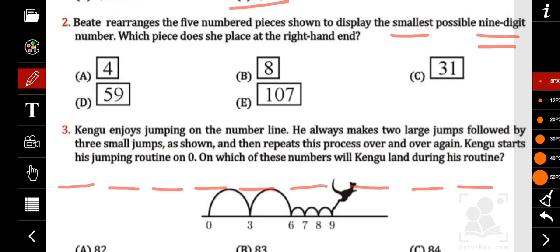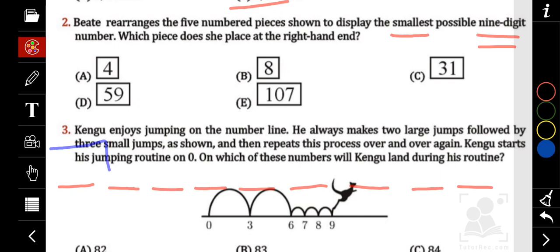Okay, let's see. To have the smallest number, as we can see over here, the number must be starting with the smallest possible digit from the left side. From all the options available, the smallest number containing the leftmost digit to be the smallest is this. So that comprises 107.